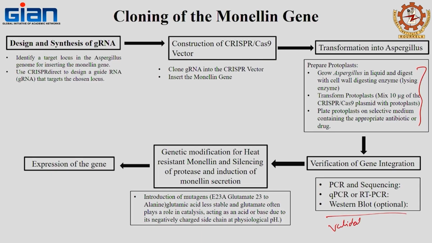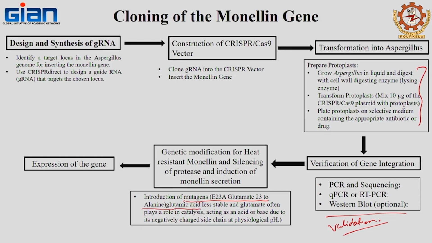So we are going to verify whether the particular gene sequence is there or not by using PCR or qPCR or Western blotting. After that, we have to go for the genetic modification for heat stability. For that we have used a specific mutation, E23A, which will change the glutamic acid at the 23rd position to alanine.